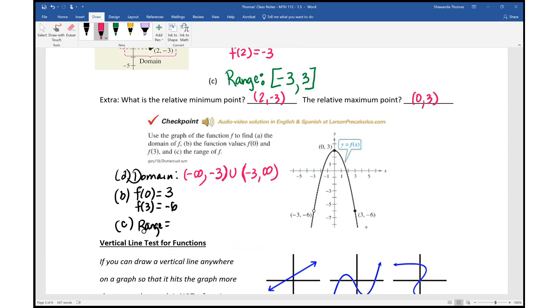In fact, the domain could have been written as all real numbers except x equals -3.